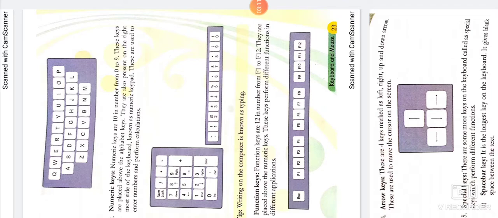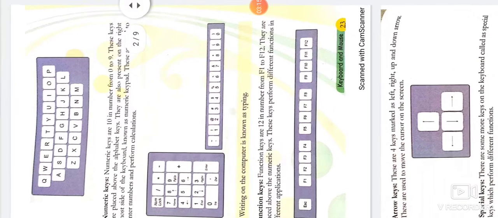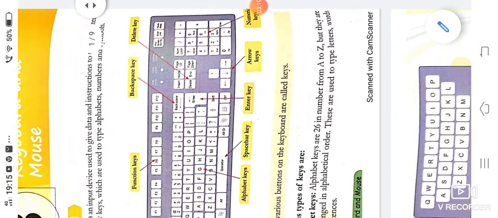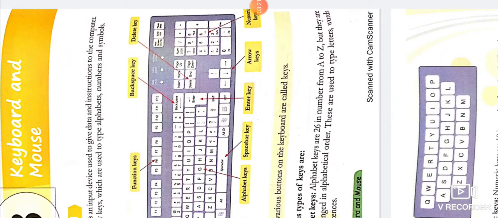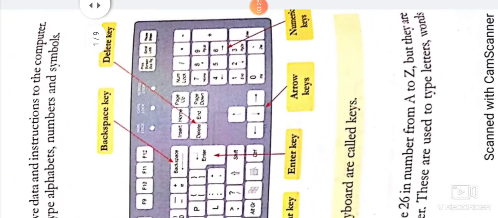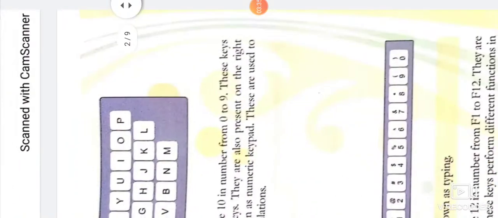They are also present on the rightmost side of the keyboard. If you see the keyboard, the rightmost side of the keyboard, these are numeric keys. They are on the right hand side.